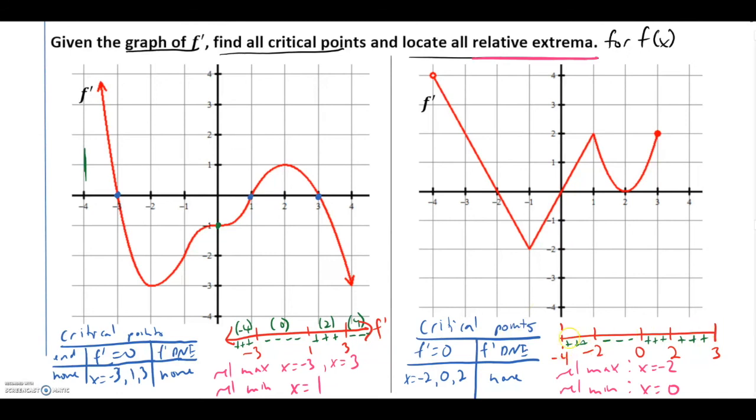The sign chart, notice I didn't put arrows at the end, not unbounded. I am locked between -4 and 3. And we had one relative max at x equals -2, one at x equals 0 for our relative min, and notice we can confirm nothing about x equals +2 because we had a positive to positive. We didn't actually switch signs, so it's not a relative extrema on the original function.